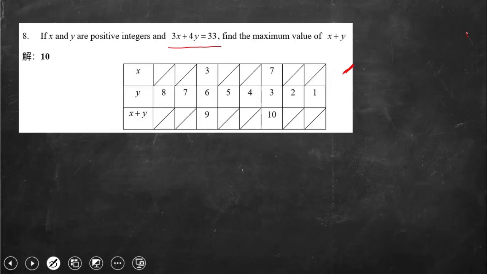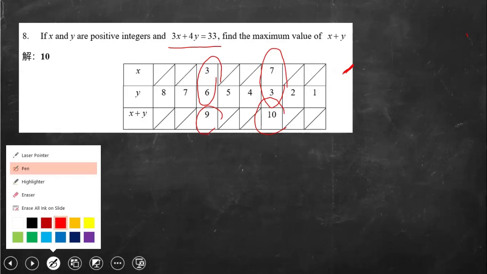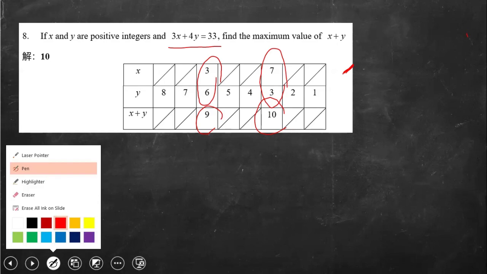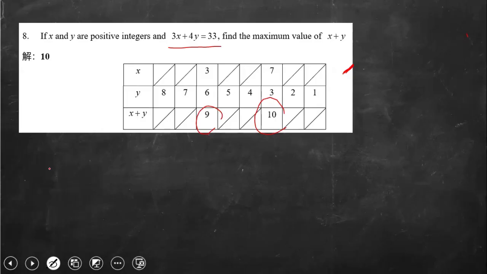Using trial and error, you'll find that these pairs are the only solutions. Okay, and then once you have them, you can just add the values. So 3 plus 6 is 9, and then 7 plus 3 is 10. So which one here is the maximum value? Of course, it's 10, right? So that's how you find it, using the trial and error method.